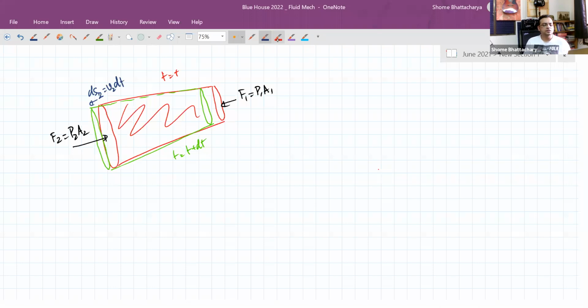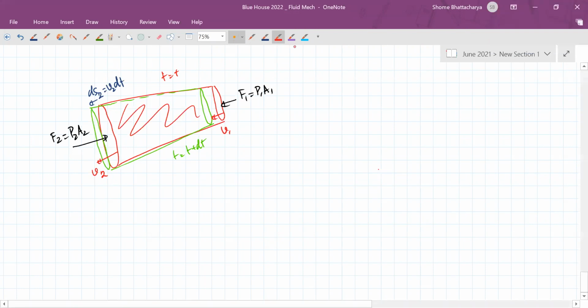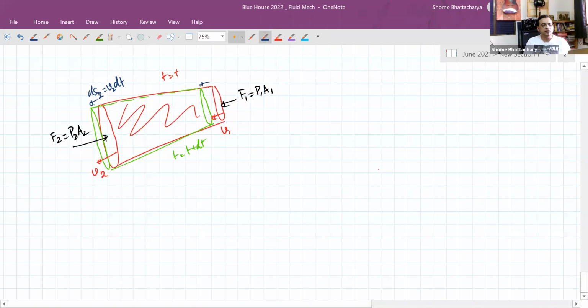Because remember, this is moving with speed v2, and this section is moving with speed v1. So the point of application of this force F1 has moved by some displacement ds1, which is v1 dt, and the point of application of this force F2 has moved in the opposite direction, but with a magnitude of v2 into dt.